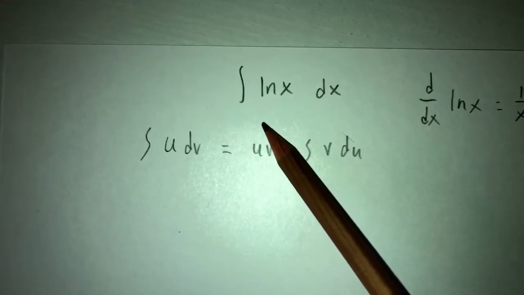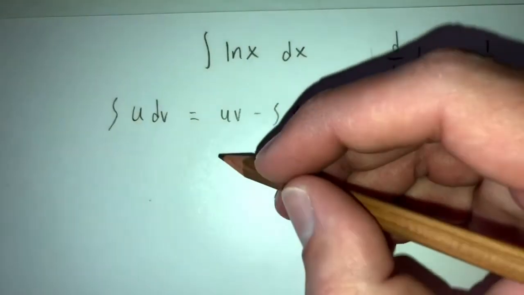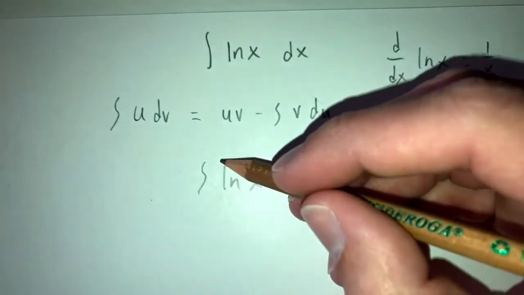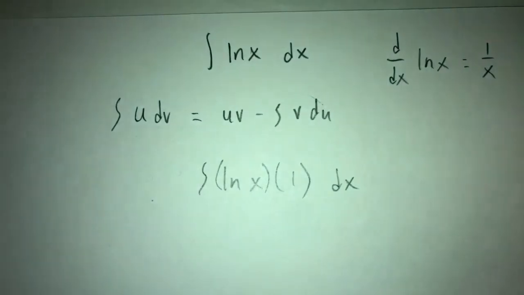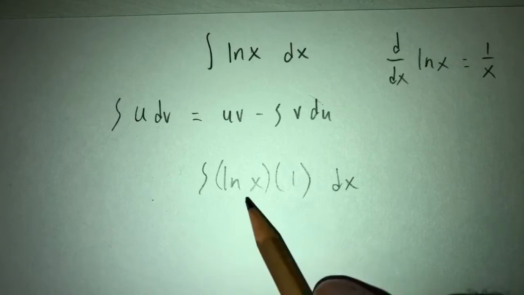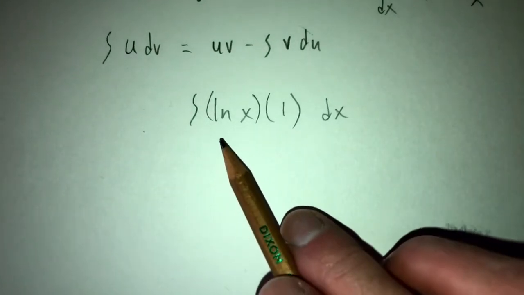But what we can do is rewrite the integral of ln x as the integral of ln of x times 1, because now we have the product of two things, right?